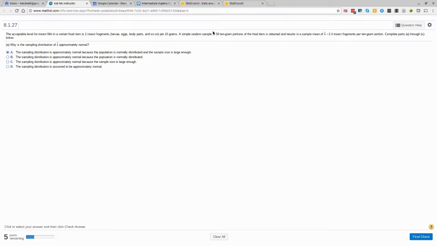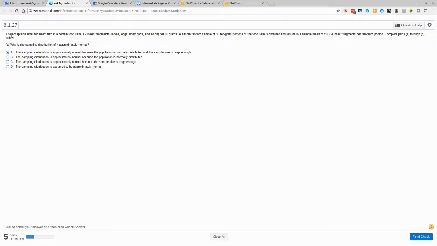And if I do that for those 50, I find that the sample mean is 2.4 here. And we're going to talk about the relationship between the sampling distribution and the underlying population in all these questions. I think there's five or six parts to this question.